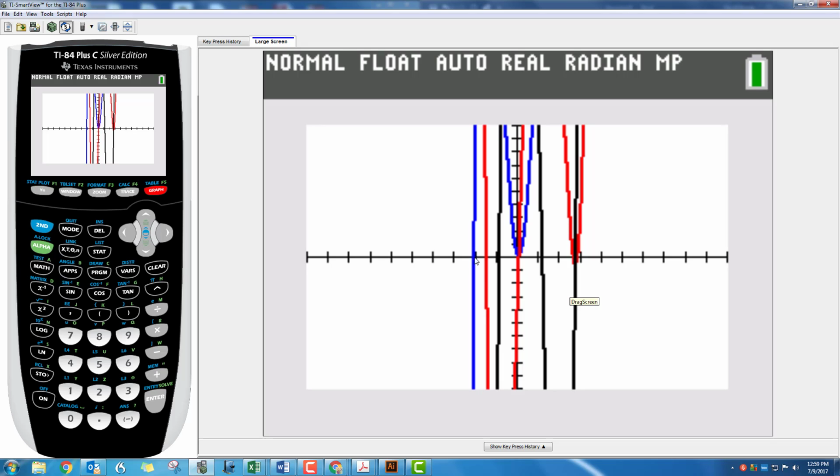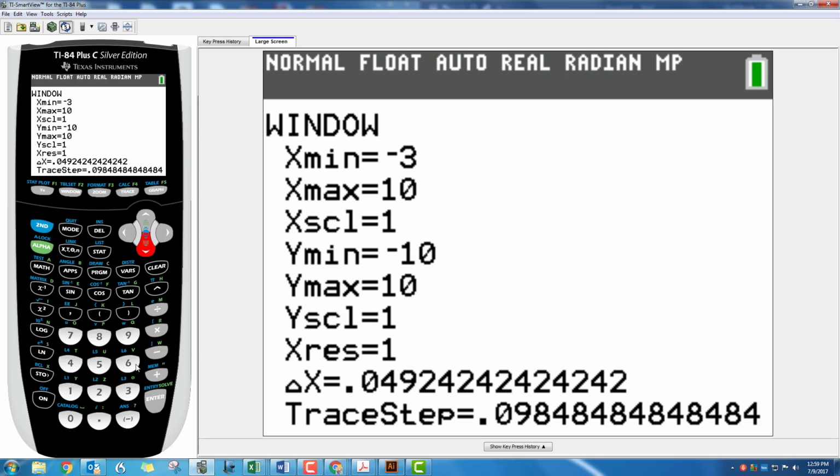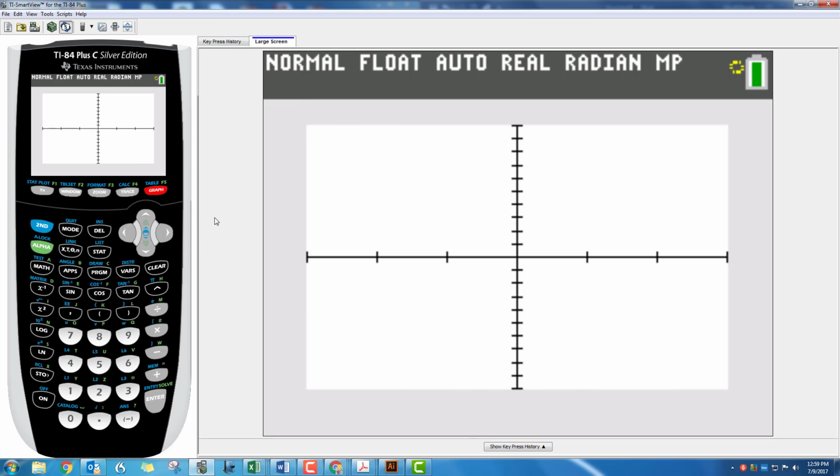I'm probably going to go from -3 to +3 and just see what happens there. So we kind of zoomed in here.